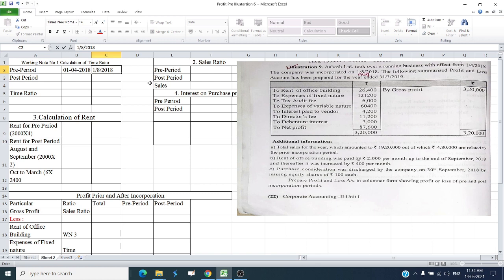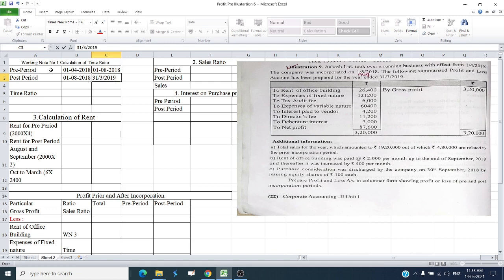This is the pre-period. The pre-period is here 1/4/2018 to 1/8/2018, from April to August. After that the company got the incorporation certificate, so take here 1/8/2018 up to 31st March 2019. This is the post period.